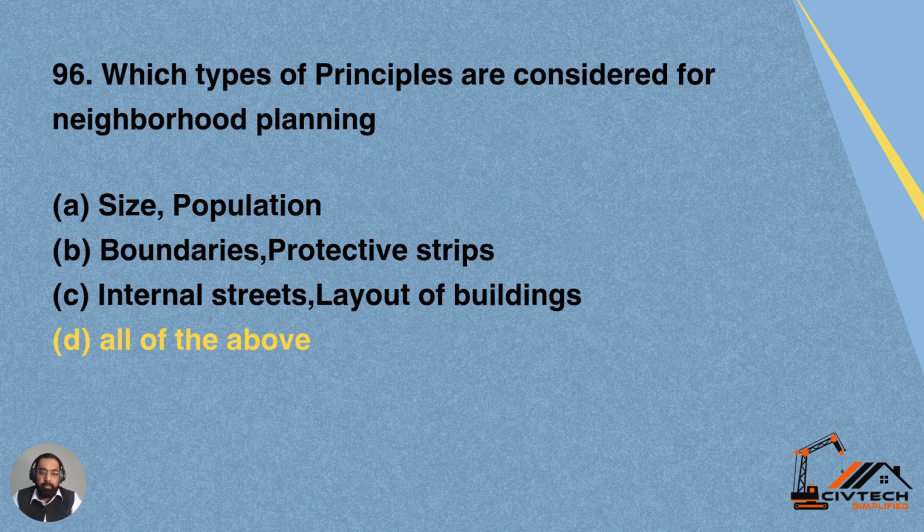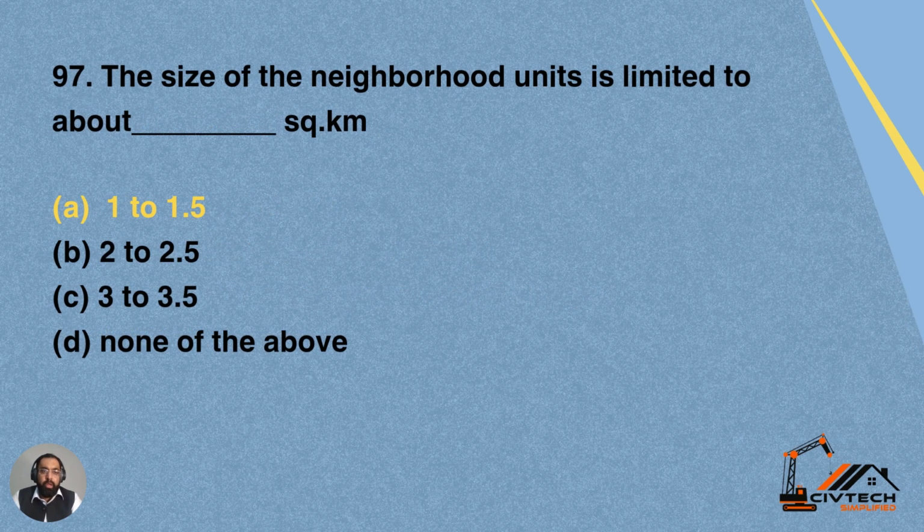These types of principles are considered for neighborhood planning, which are sizes of the community, population, boundaries, protective strips, internal streets, layout of the buildings, layout of the streets, drains. So all these principles are considered during the neighborhood planning. Option D is correct for this question.